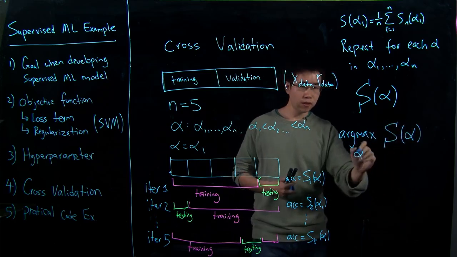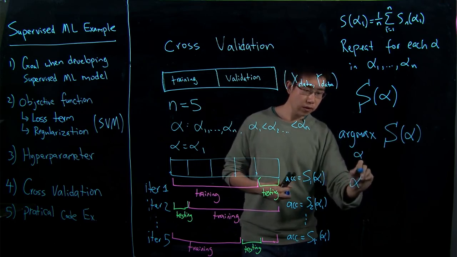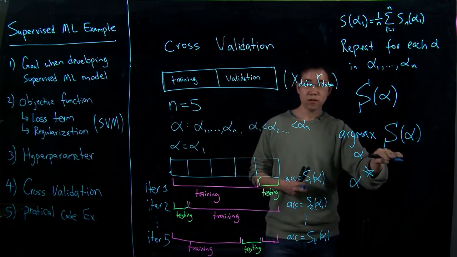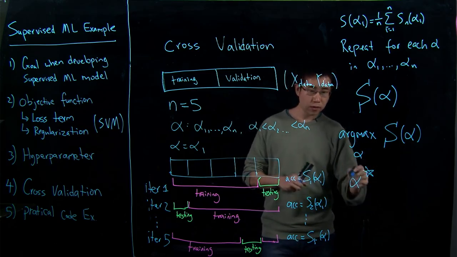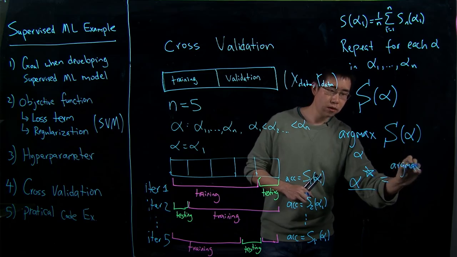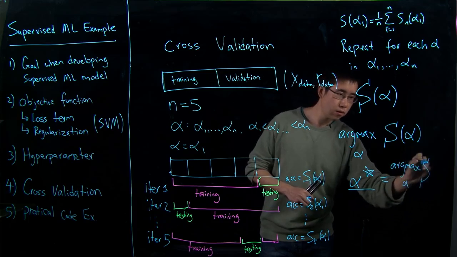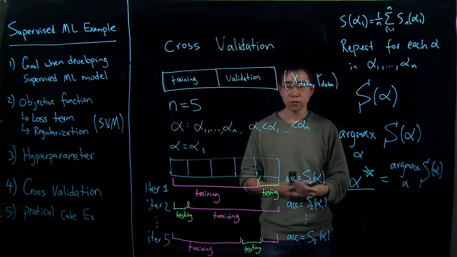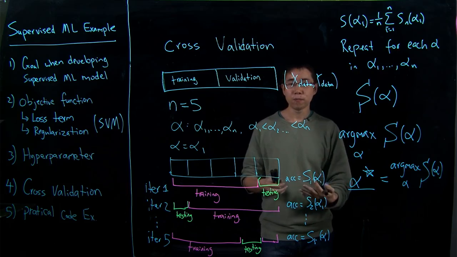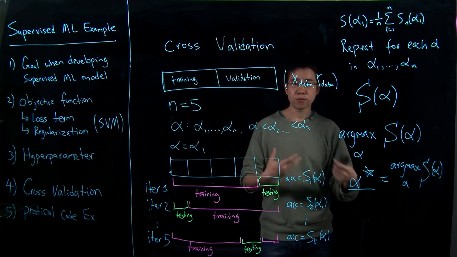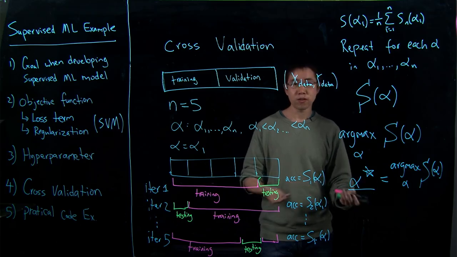So we want to find the alpha, which is alpha star, that maximizes this function. And this alpha star is then the alpha we choose to actually train our model using our training data set so that we can expect to have the best performance on unseen testing set. So this is the process of cross-validation.